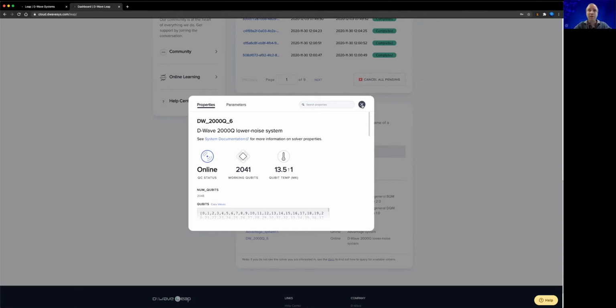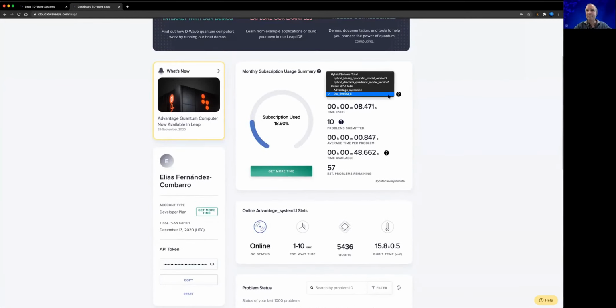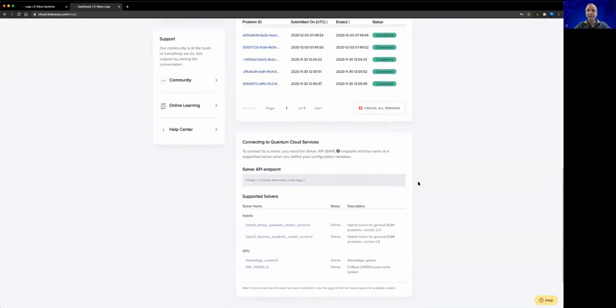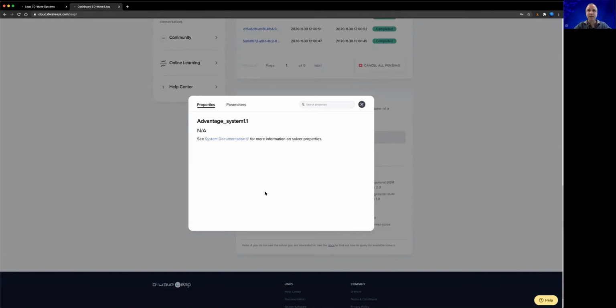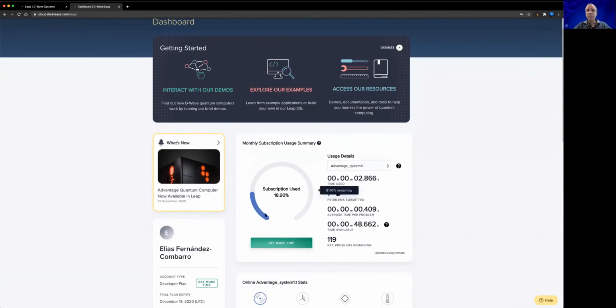Okay, so you have this computer with 2,000 qubits, and this new one, which was added only a few months ago, if I remember correctly, has even more qubits. This has more than 5,400.